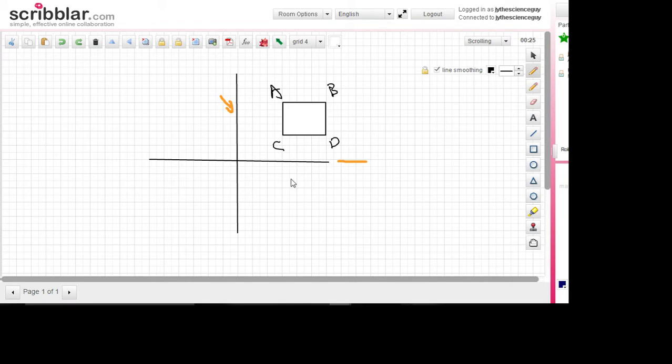Okay, so if I take this point A and I move it over here somewhere, because I'm going to go across that axis, does the y value change? No. So I just need to move it the same distance away in the x. So what is that point there?